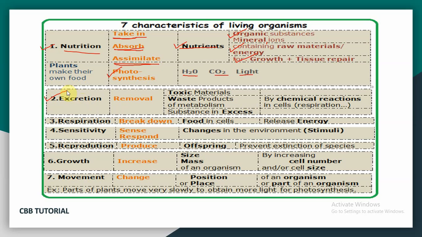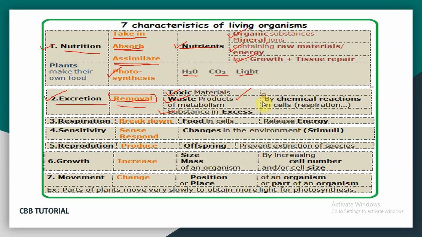The second important characteristic is excretion, removal of unwanted material from the body, that is toxic materials and waste products of metabolism. By some chemical reactions, waste products are produced in our body, and they are removed by the excretion process. Substances in excess in our body are also removed.